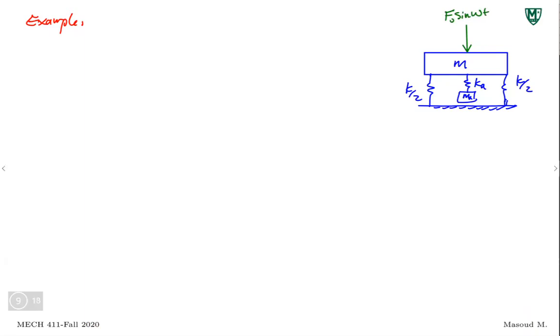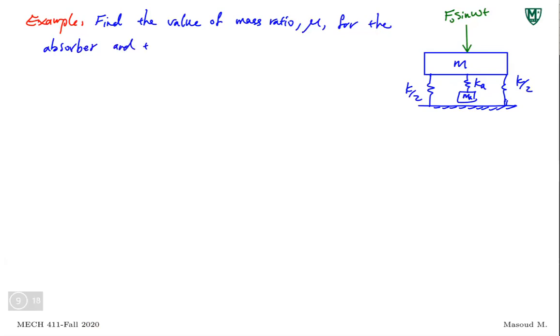Here are the values you have. The statement goes as: find the value of mass ratio mu for the absorber and the bandwidth of operation.